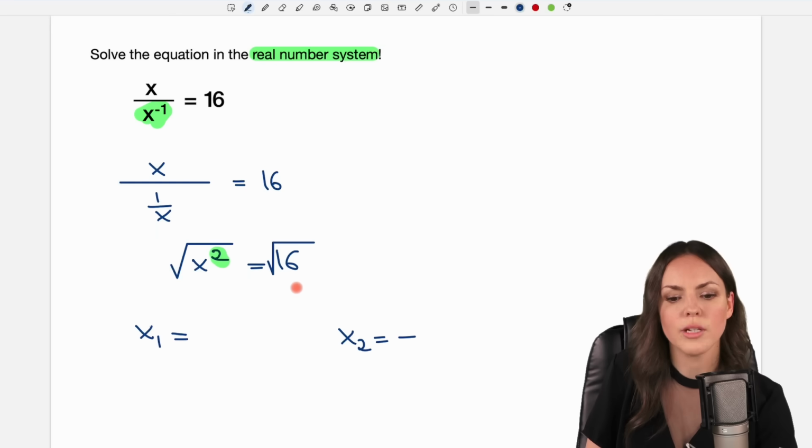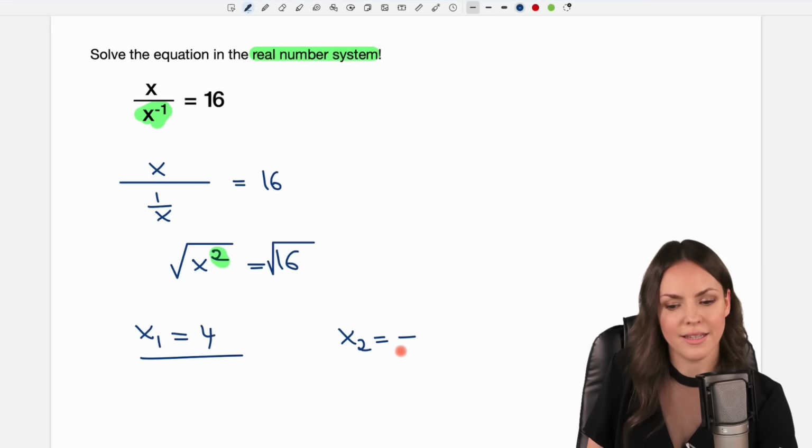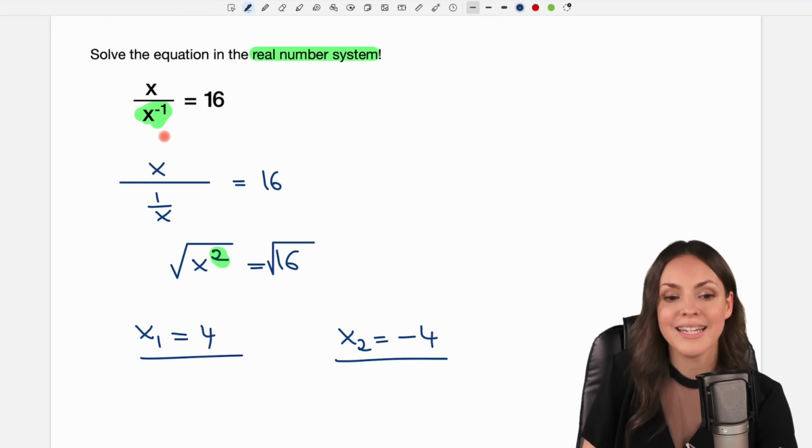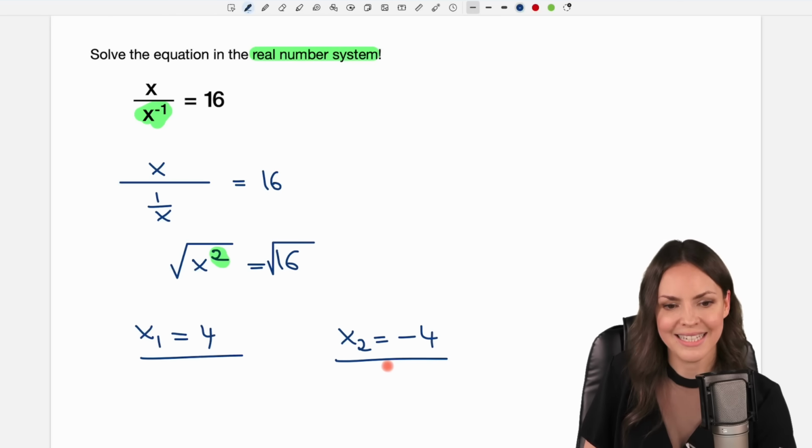The positive one is the square root of 16, which equals 4, and the negative one is negative the square root of 16, so we get -4. So we have two solutions for our equation. The question is, are both solutions valid?